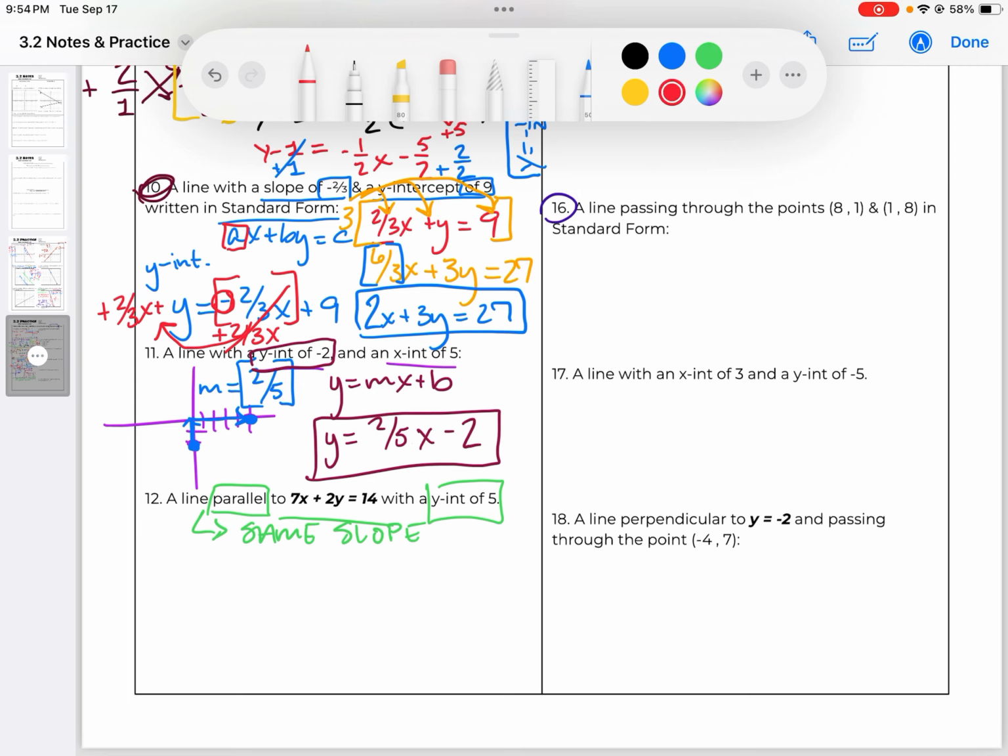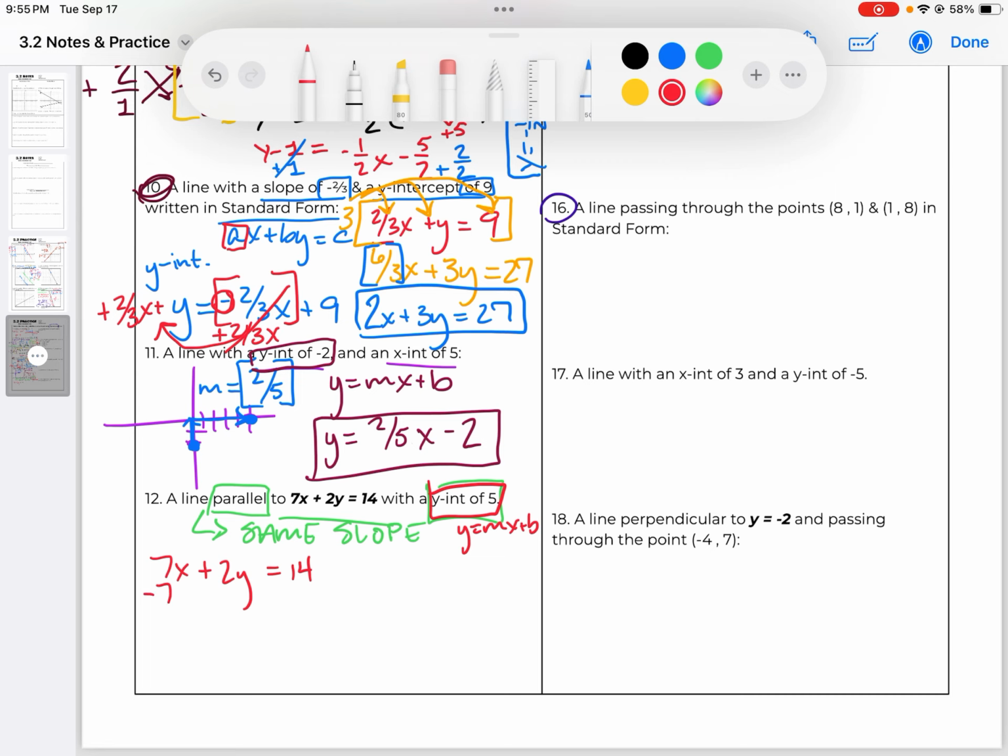But once I find it, since I am given the y-intercept, I can go ahead and write it in slope-intercept form. So I have this 7x plus 2y equals 14, and I want to use that standard form, convert it to slope-intercept form, and then use that same slope.